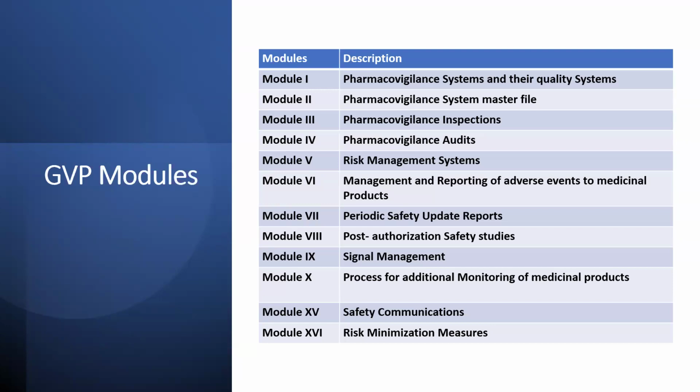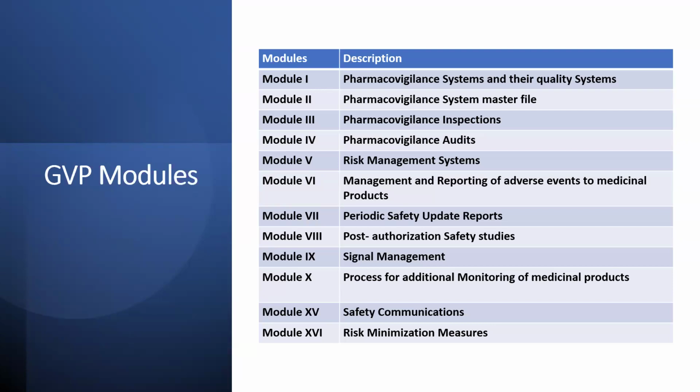So you might ask why so many modules; because these are categorizations, or these are the standard documents. And if we need to perform the risk management system, or as I told you, RMP, then we have to follow module 5. Same way, if we have to submit the ICSR, or perform the ICSR processing, then we have to follow module 6.